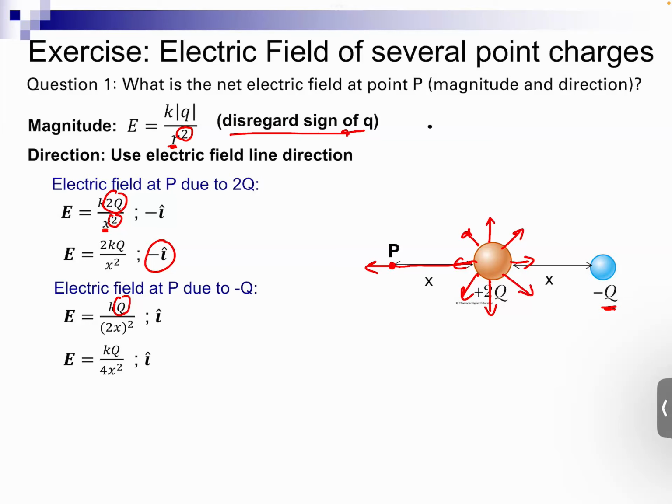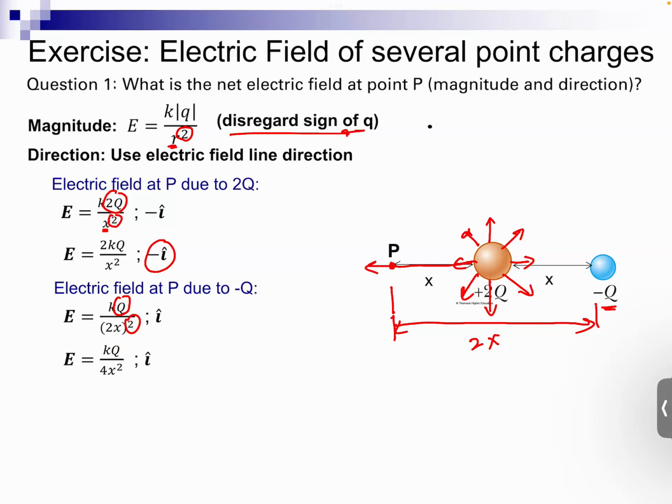And then r in your equation is the distance between the charge that's generating the electric field and the point where you want to determine the electric field. So that's 2x, right? It's x between these two charges and x between the middle of this charge and P. Hence, the distance is 2x. Don't forget there's a square, so that's 4x squared.